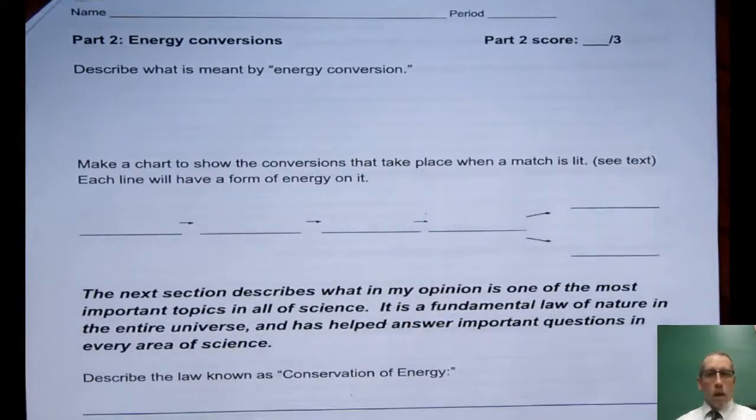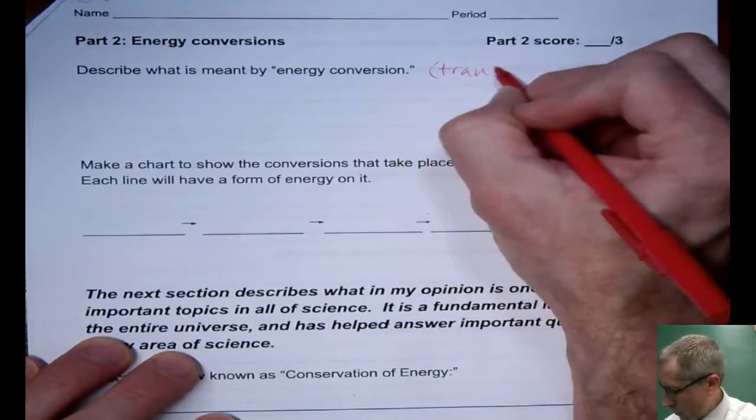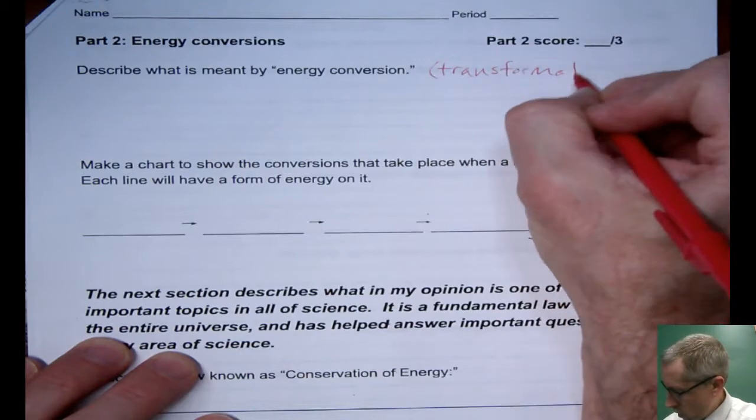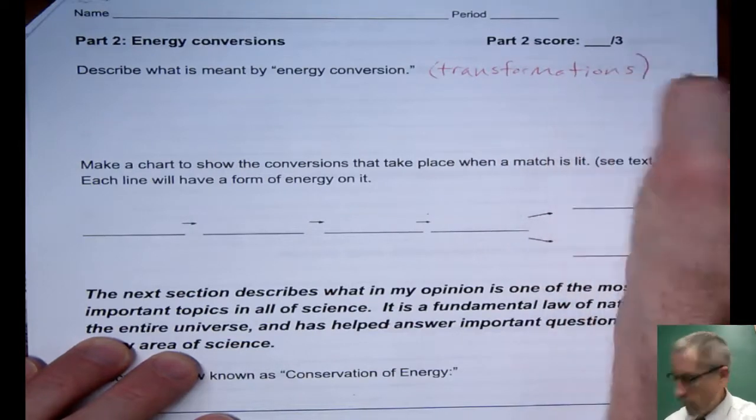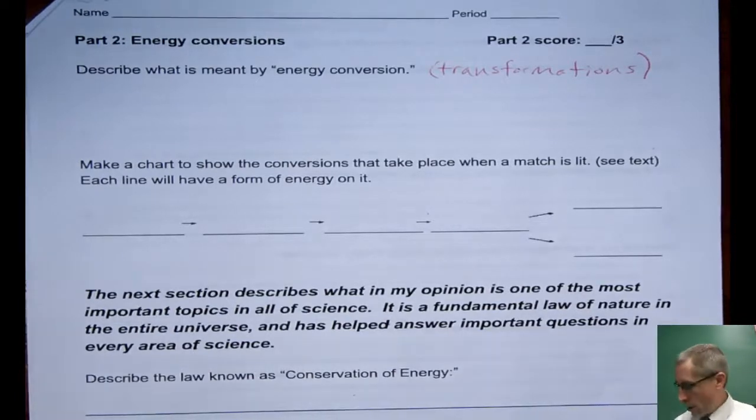So now we're going to be talking about energy conversions. Sometimes you'll hear this called transformations. And it's an important idea to know because energy does not just stay in one form all the time. In fact, so many important processes in life are processes where energy changes from one form to another. And that's just another way to describe conversion or transformation, is a change.